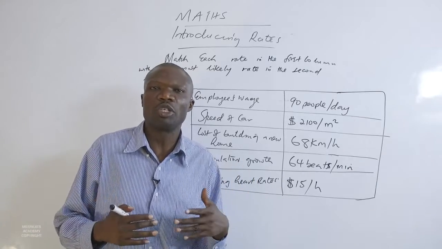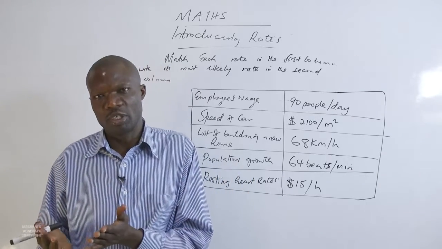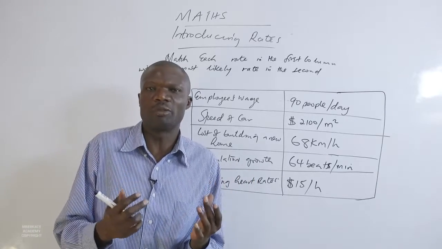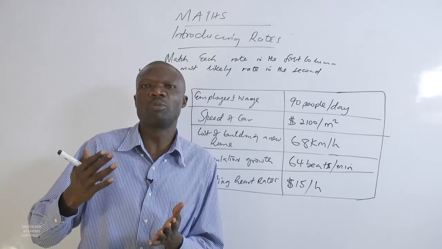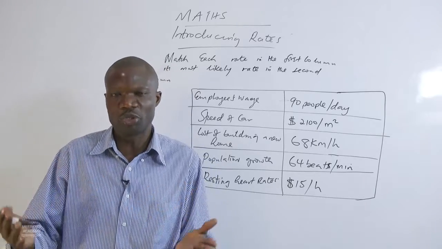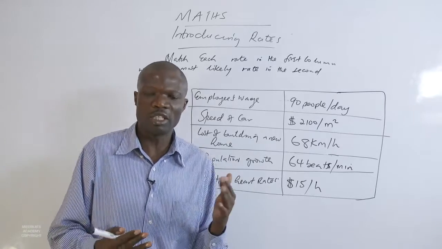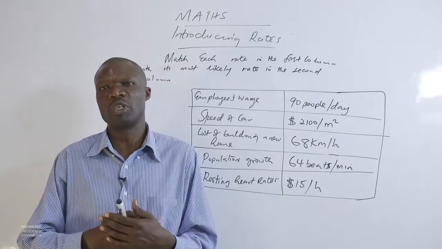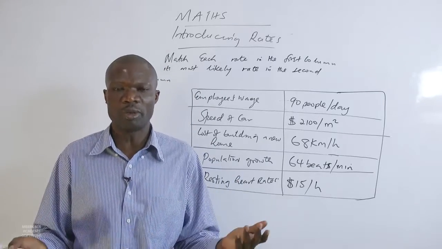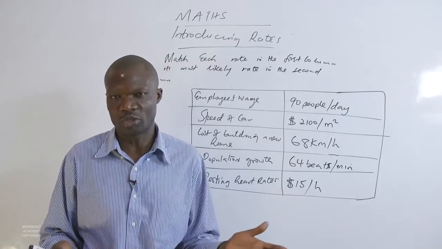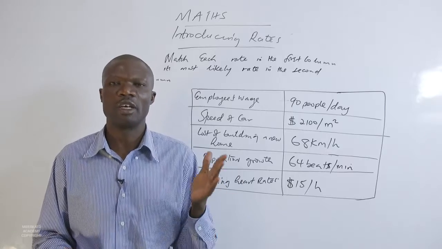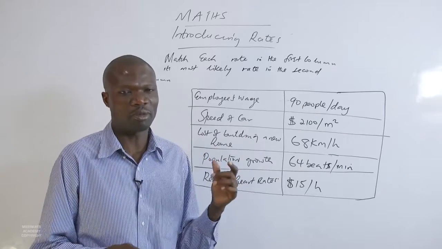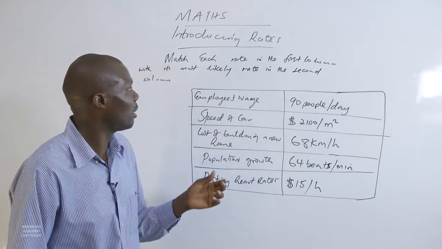Every rate has its unique units. So the moment you go through a statement, there are possible units that we are supposed to use. You don't just take a unit and say this one is going to be maybe dollars per meter and so on. There is simply a guidance from the first part.